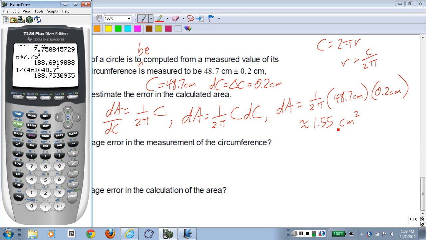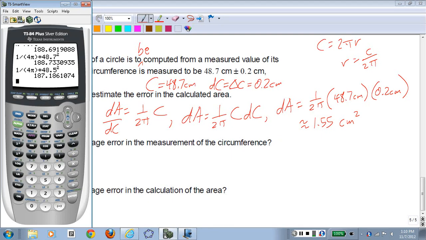So what if we use 48.5 centimeters? What if our measurement is 0.2 of a centimeter too much? It was actually 48.5. So 1 divided by 4 pi times 48.5 square centimeters. The difference between that and the calculated value above it, is that around in the neighborhood of 1.55? Does it look like it?